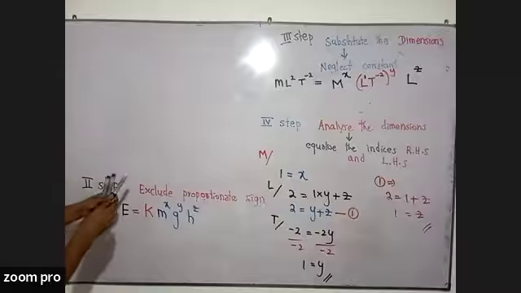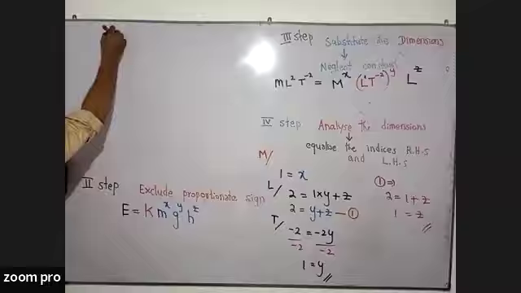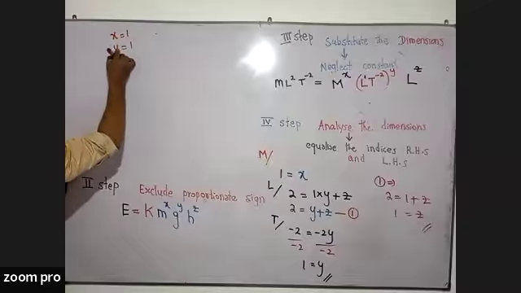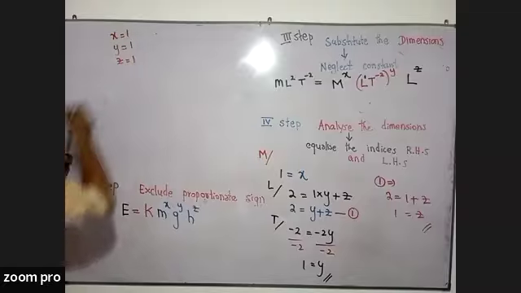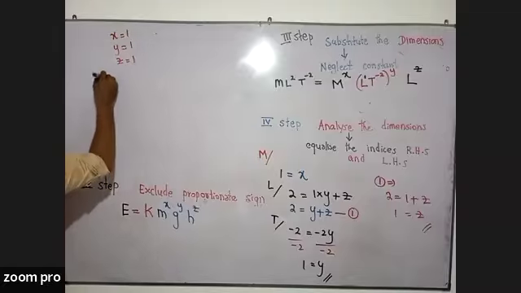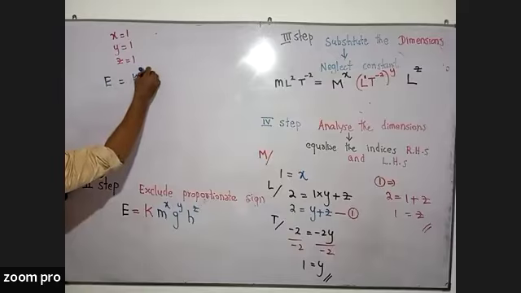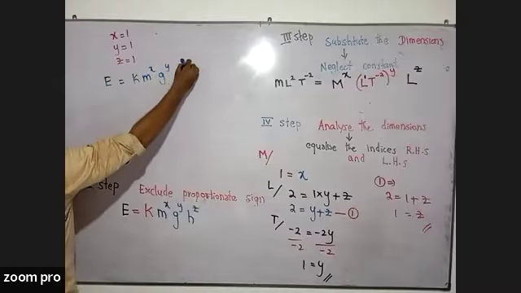Now this is the final conclusion of this question. That is, now we have obtained x equal to 1, y equal to 1, and z equal to 1. So at the second step, we derived that k equals M to the power of x, g to the power of y, h to the power of z.